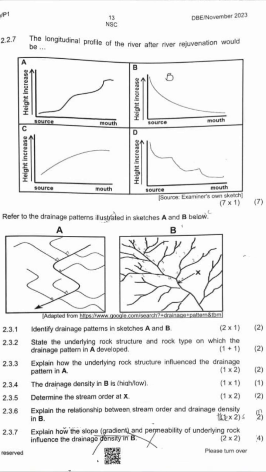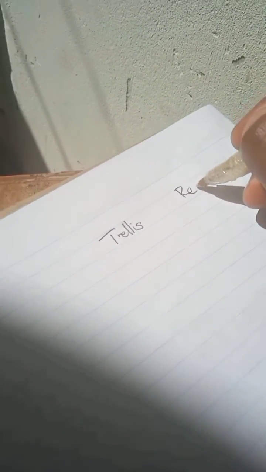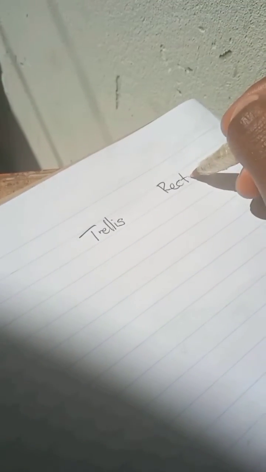So drainage patterns, of course, that's an arrangement of streams. And in A, what drainage pattern do we have there? Is it trellis? Looks like trellis. It looks like rectangular. Which one is it? This is one of the most common misconceptions among grade 12 students, differentiating between trellis and rectangular drainage pattern.